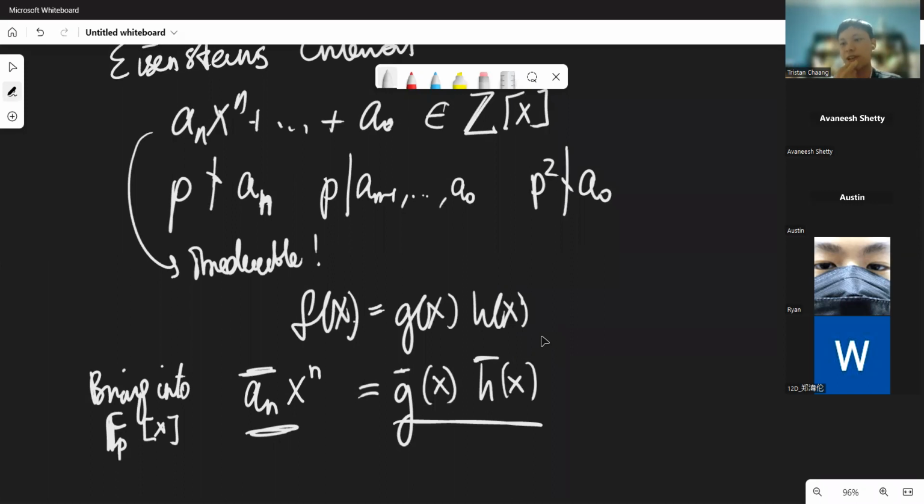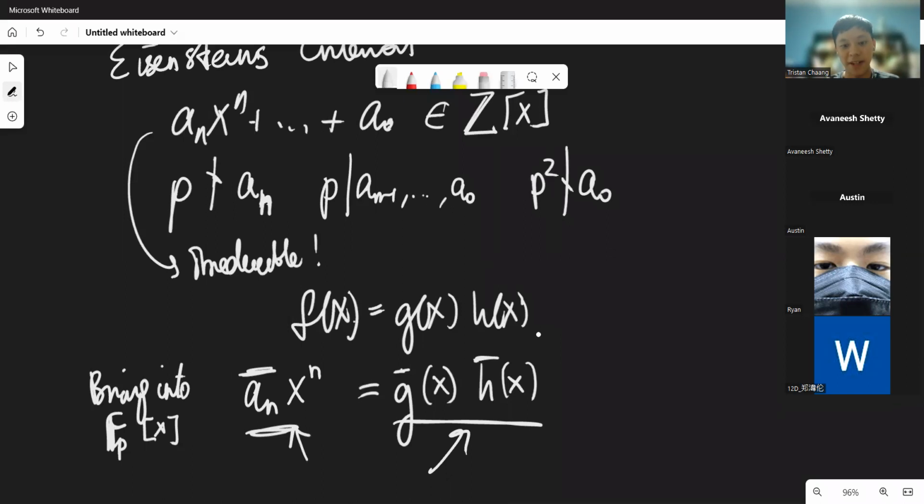But we have to be a bit more careful than that because remember, things can sum up to 0 in the lower terms. But we can talk about it in terms of the roots, for example. So 0 is a root on the left hand side, so 0 is a root on the right hand side.